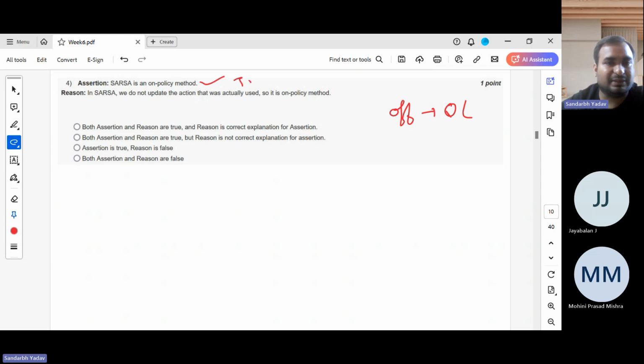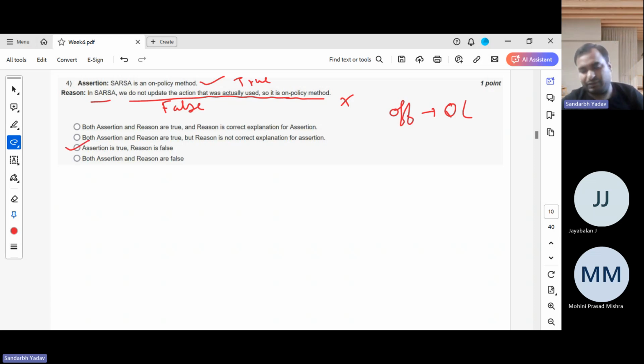So the assertion is definitely true, and the reason they have given is that in SARSA we do not update the action that was actually used, so it is on policy. This is not the definition of on policy, right? In on policy, we update the same action which was actually used. So this reason is false. Although the assertion is true, the reason is false.